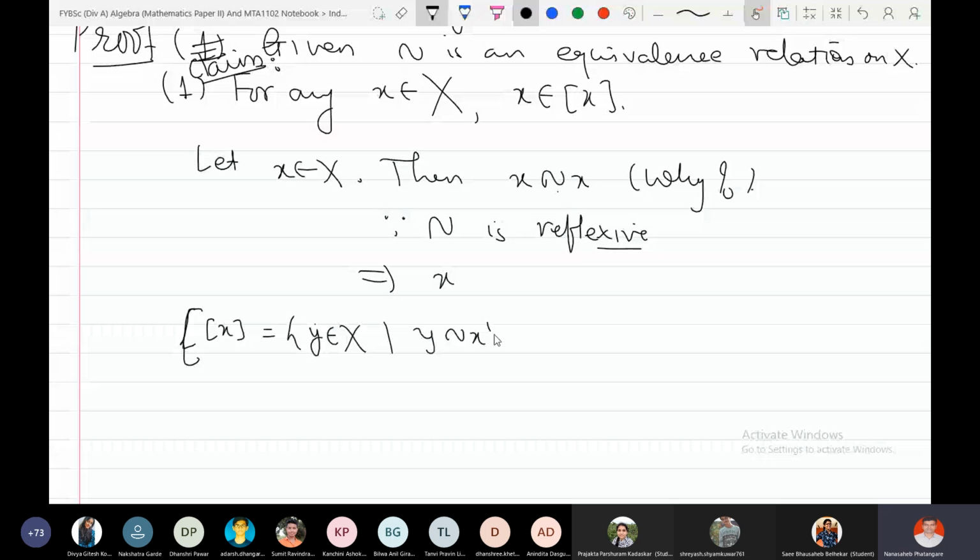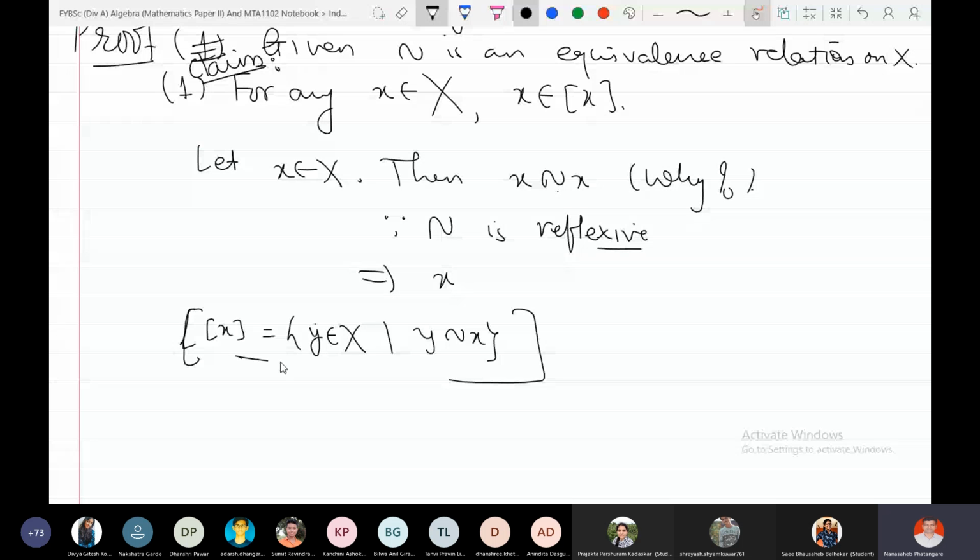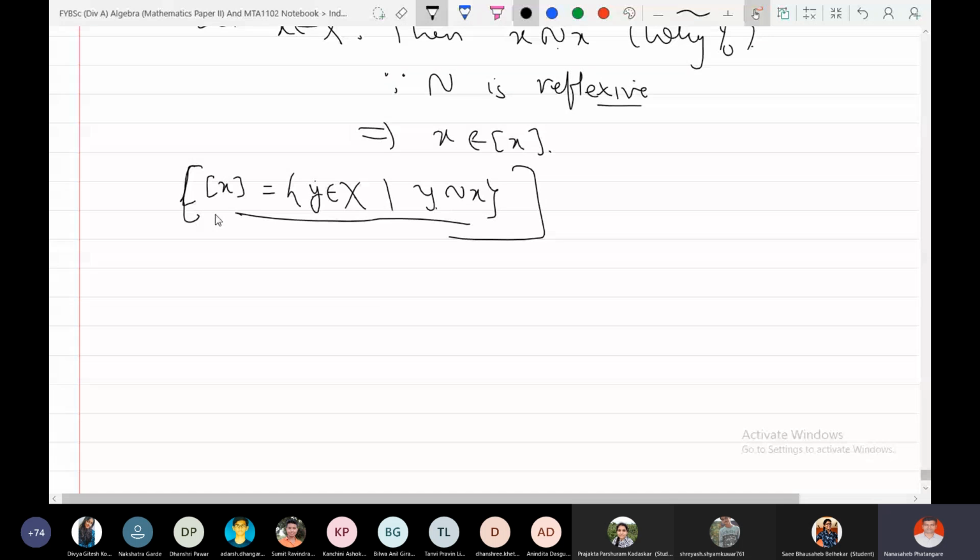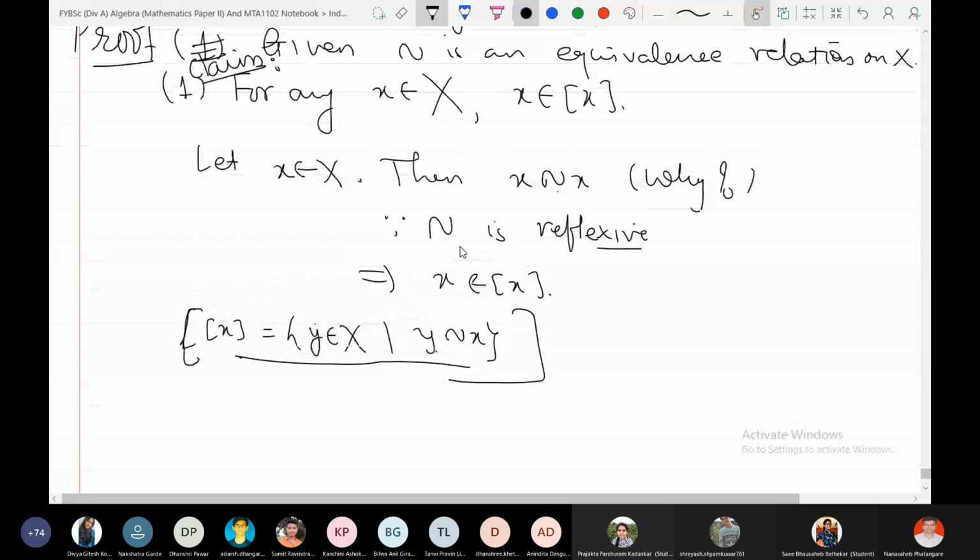This is our definition of equivalence class, right? Therefore, if an element is related to x, then it is in the class of x. Now x is related to x, therefore x is in the class of x. Correct? Is it clear? Yes, sir.